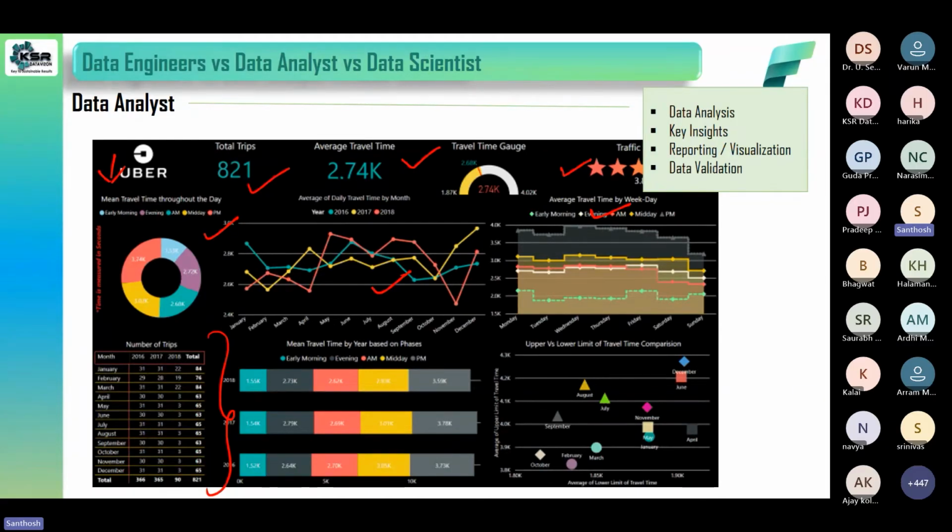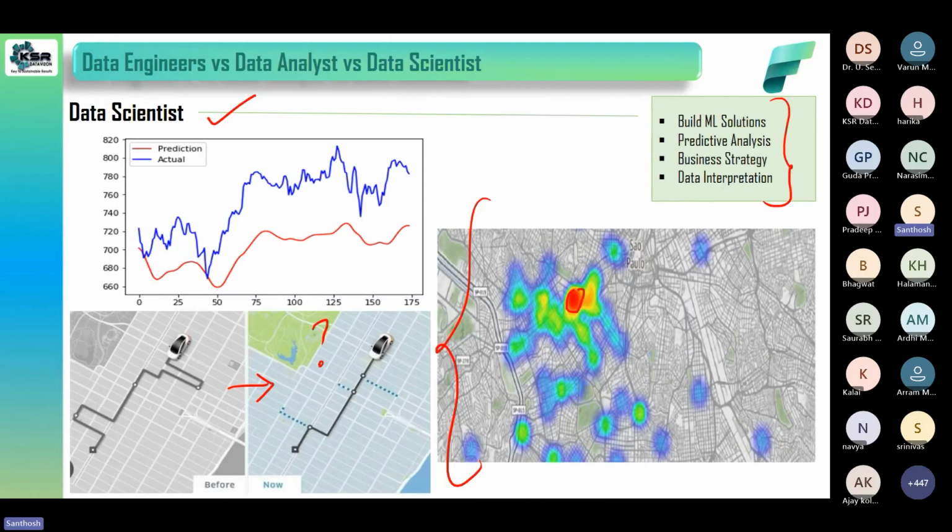Now, the next step is prediction. This also requires a bit of statistics and coding knowledge, but this is also worth it because this is going to be the future where everything comes with prediction. But all in all, one sad part of being a data scientist is that because the data analysts or the data engineers are not able to prepare the data or do a report properly, these people are also not getting the predictions right, because the data itself is struggling.